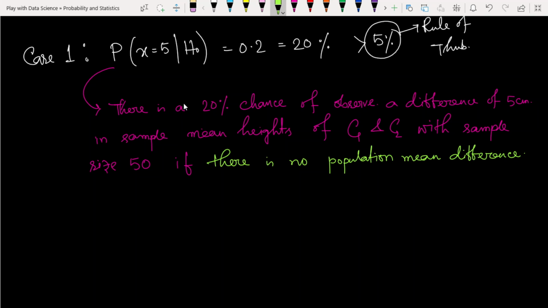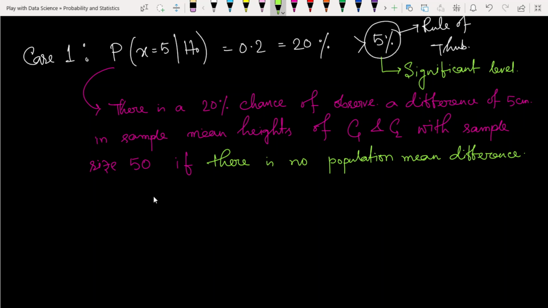So in such situations, the value is greater than our significance level. These things are actually the significance level. Okay, this is the actual literal meaning.